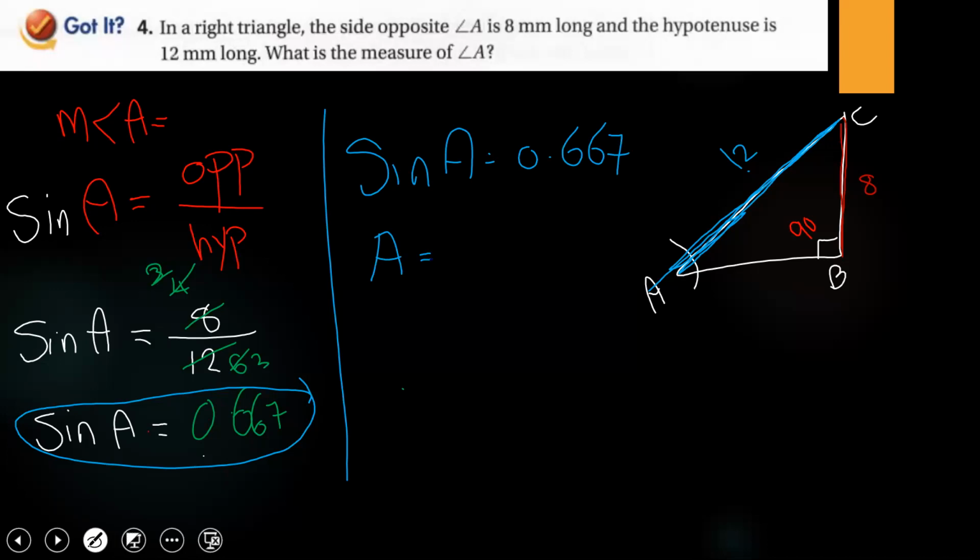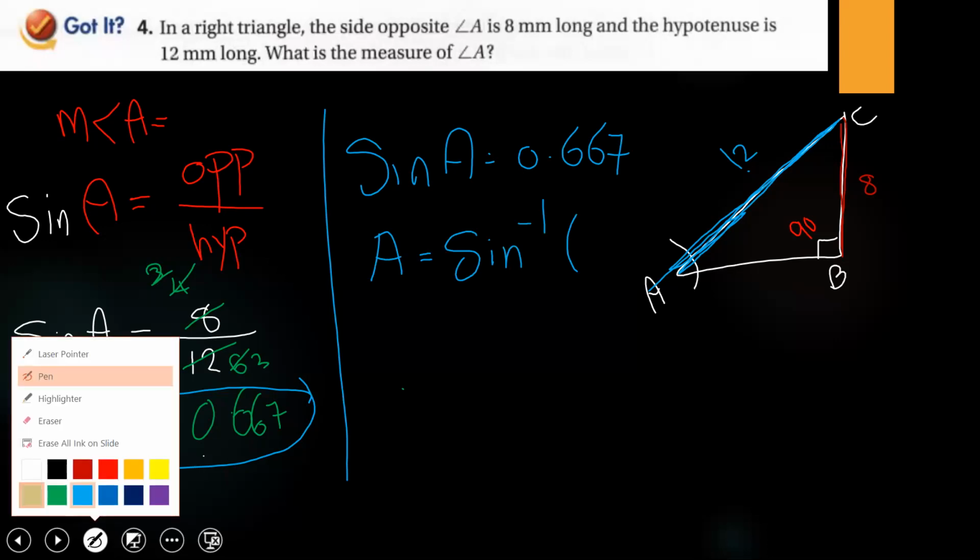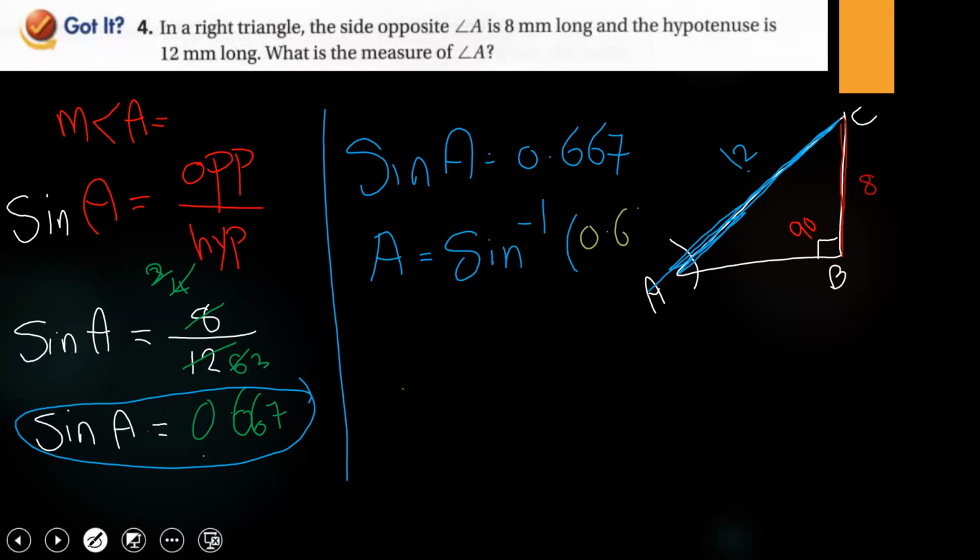I will say A is sine inverse of this number. So to find A, I will use the inverse sine, this one here. Sine inverse of 0.667.